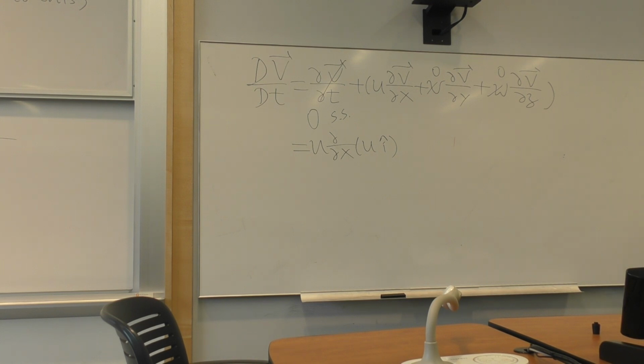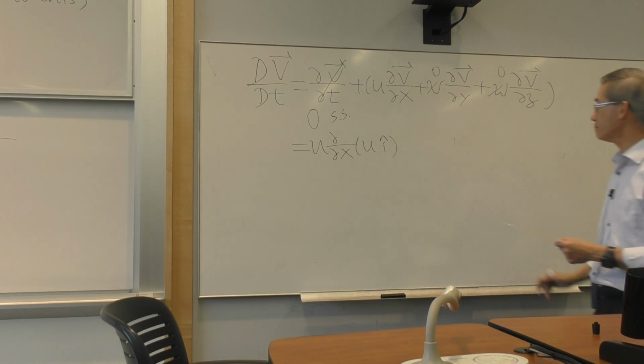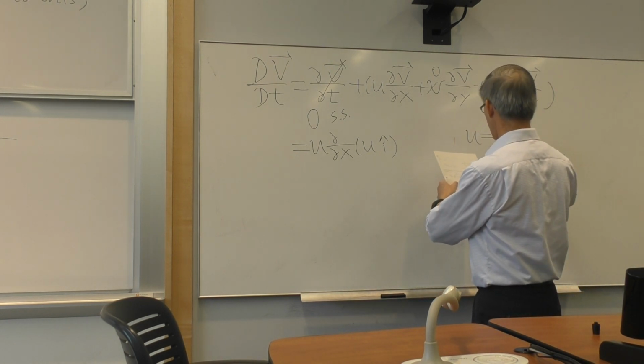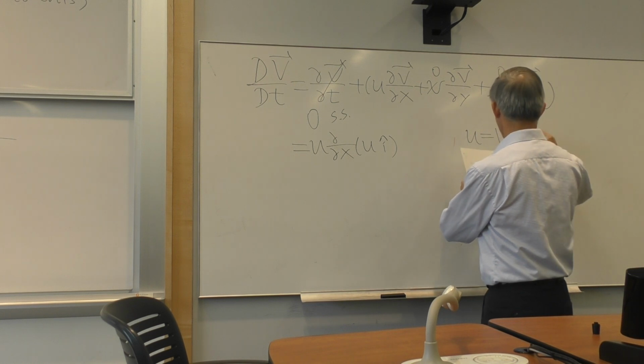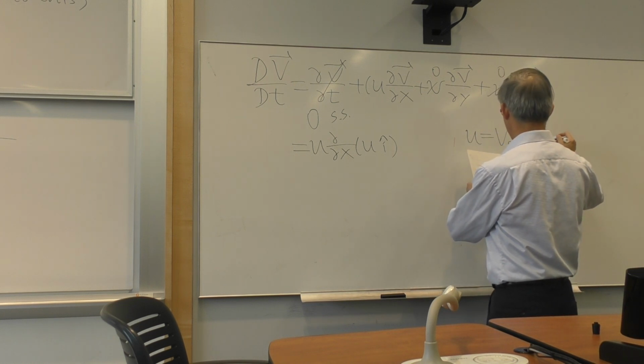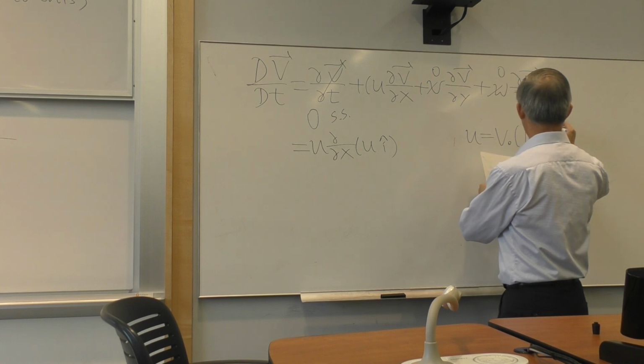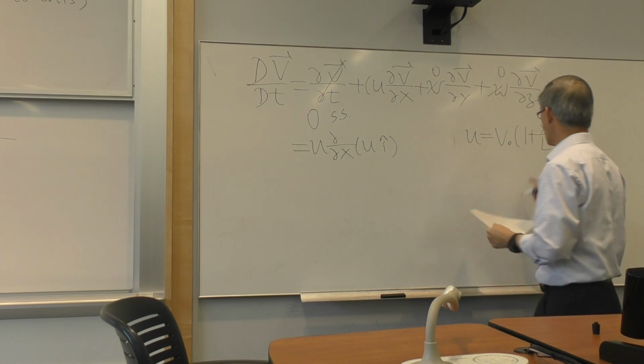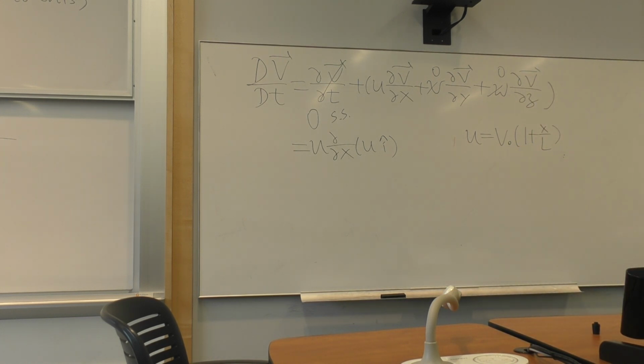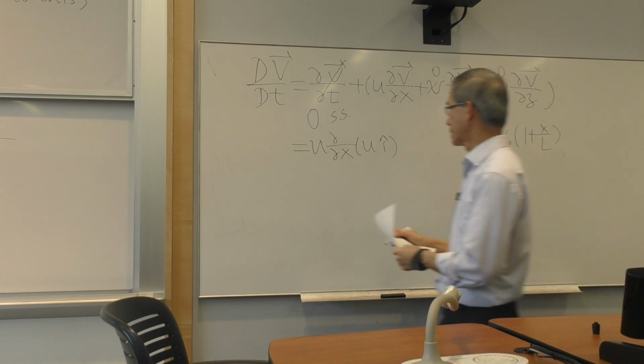All right? Now I just have to substitute with the problem statement that u is given as a linear function of x. So to get this convective acceleration, I have to take the partial derivative of the velocity u with respect to x, and that's a very simple calculus exercise.